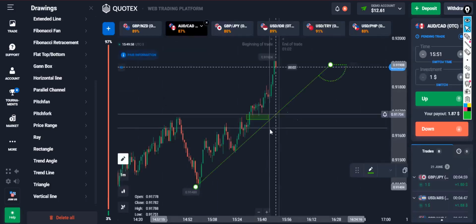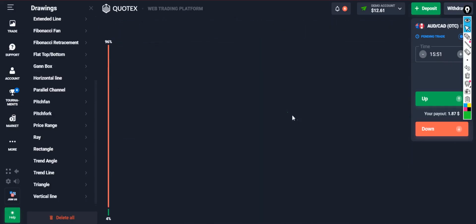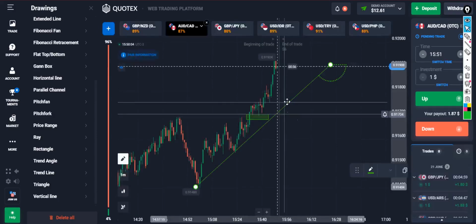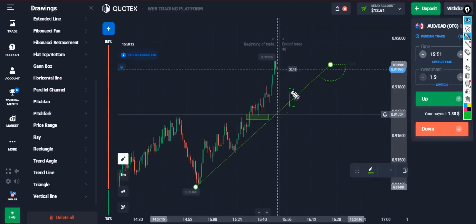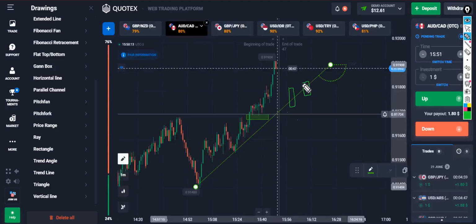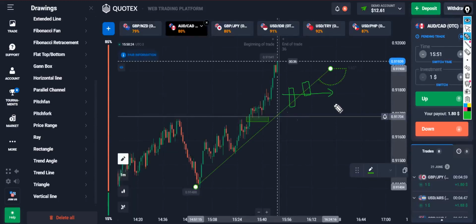If the market doesn't cross this line, it means the market is still on uptrend, right? If there is a candle which breaks this area, then there's a chance that the market is now in a sideways or in a zigzag market, right? Then it will be a bit risky to trade on a fair value gap.